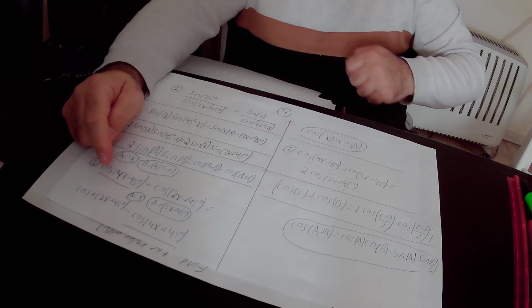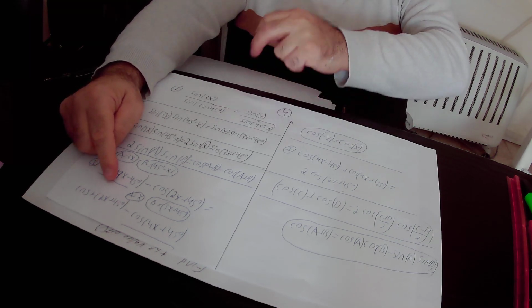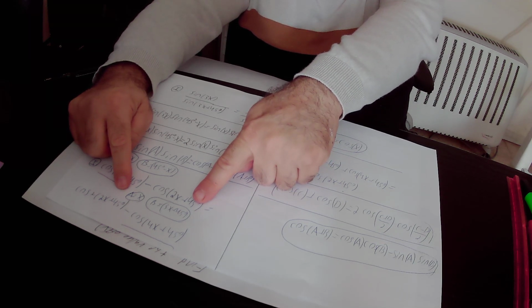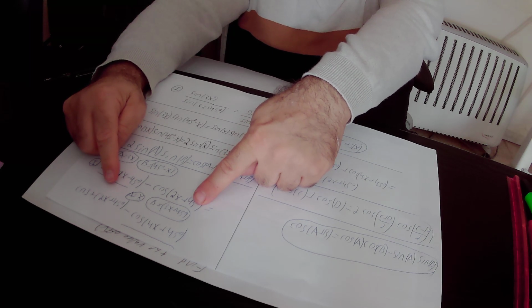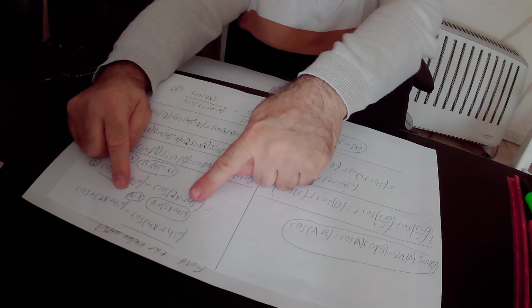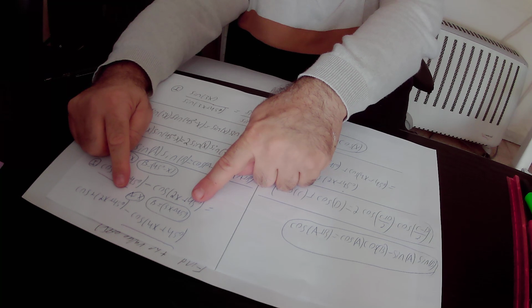Again, I repeat, a equals x and b equals 3x plus 45 degrees. So we have cosine a minus b. A is x and b is 3x. So x minus 3x is minus 2x, and 0 minus 45 degrees is minus 45 degrees.